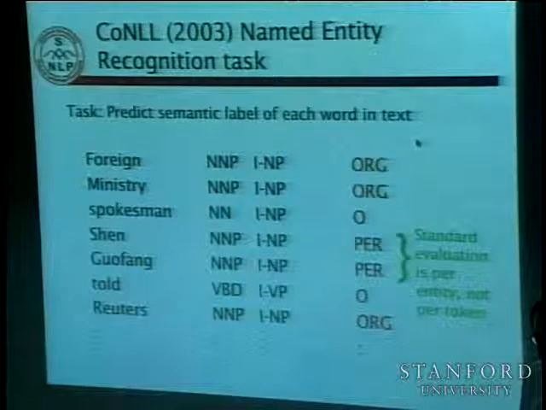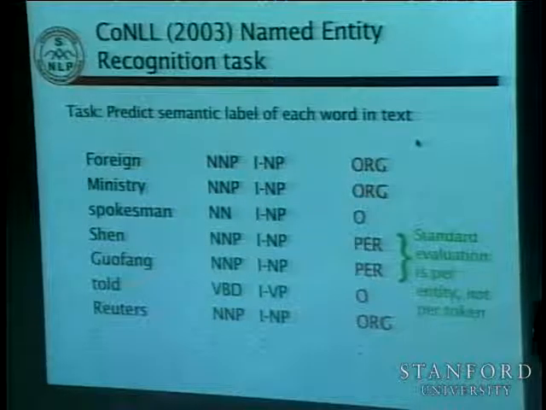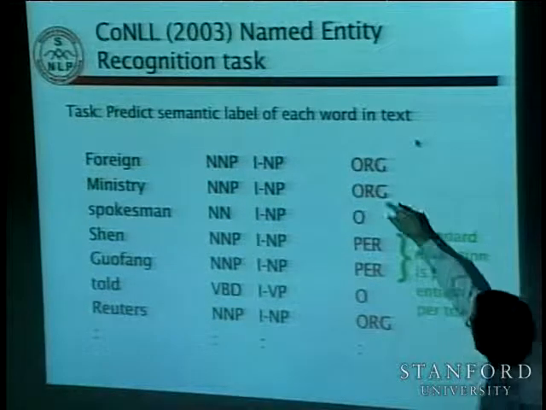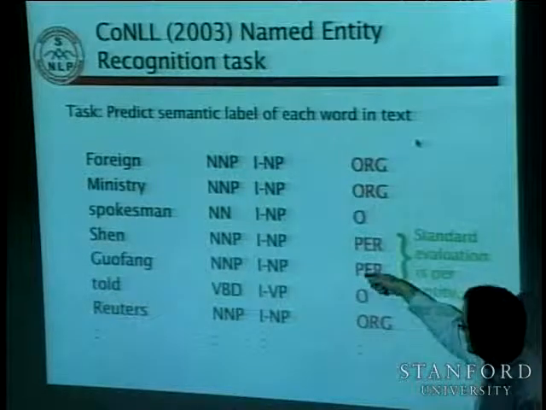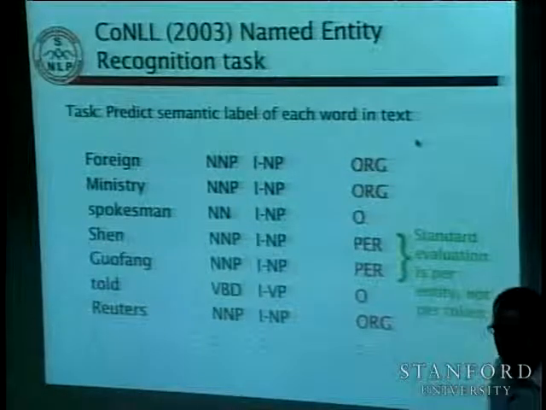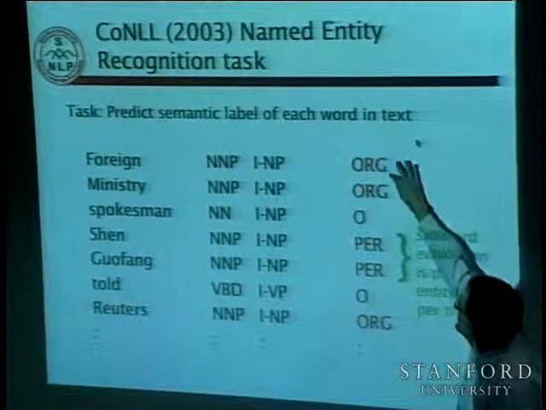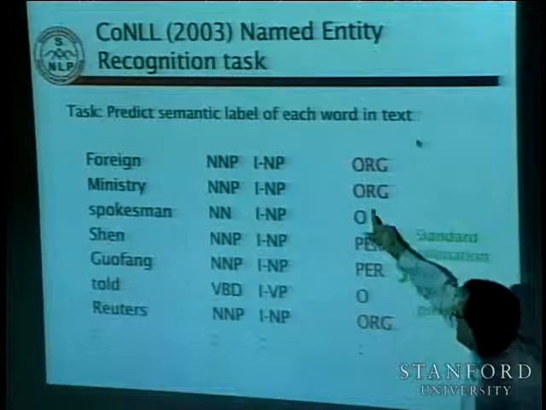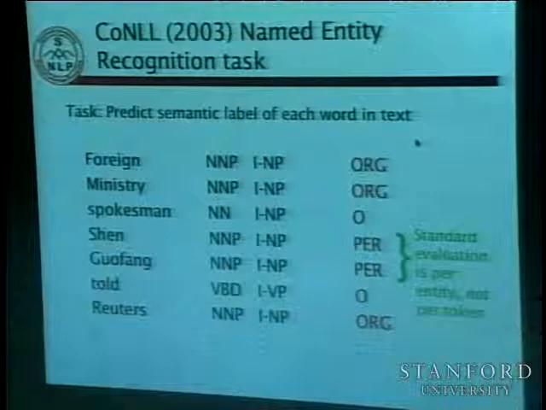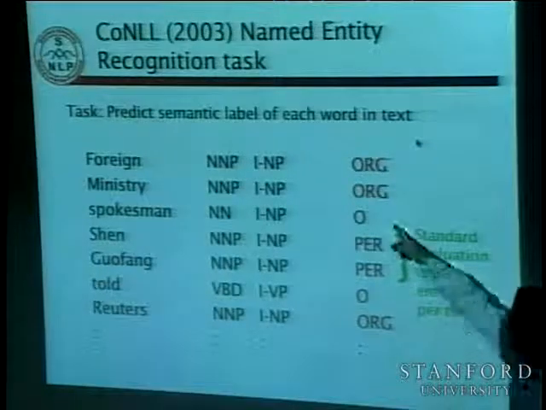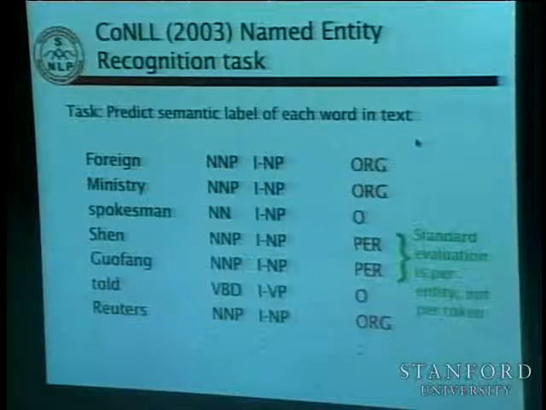A very common way to do this, which is what we'll do in the next class, is sequence models, where effectively you're going through each token in turn and assigning a class to it. So I'm assigning a class to these tokens, and then you have one extra class that's the background class that I'm calling O for other, which are all the words that aren't named entities.